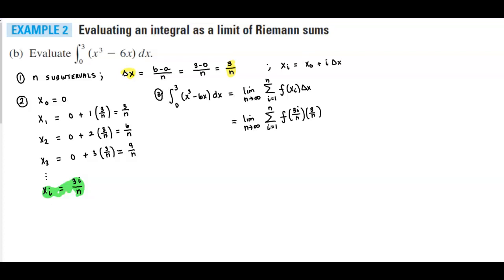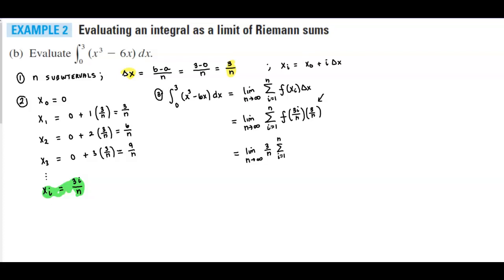Okay, so now what can we do? We can factor out the constant, which is 3 over n. We can factor that out of the limit. So this is the limit as n approaches infinity of 3 over n times the summation as i is equal to 1 to n.